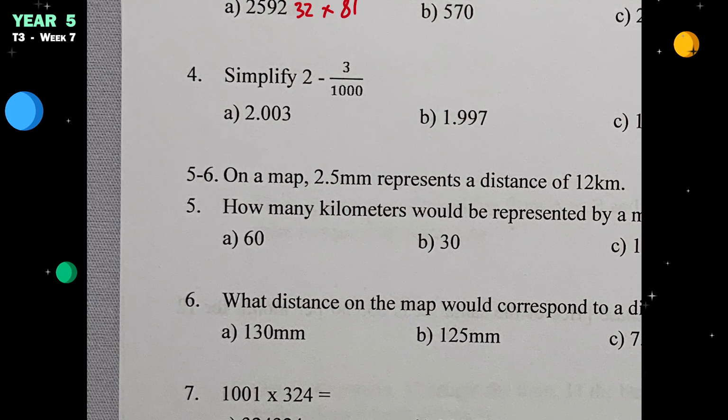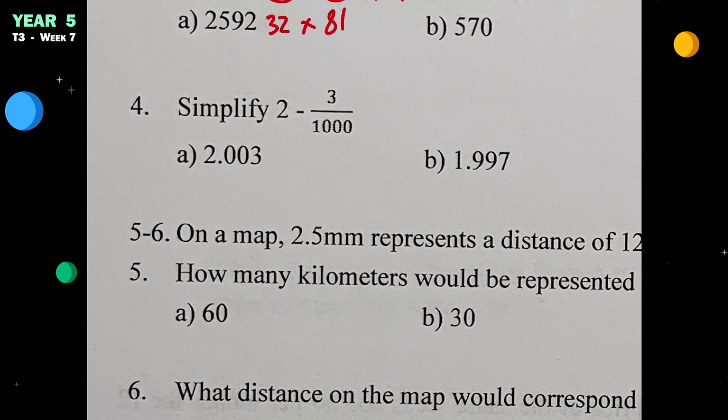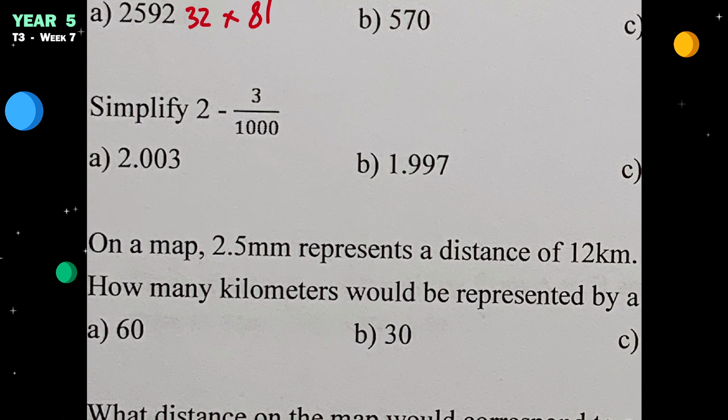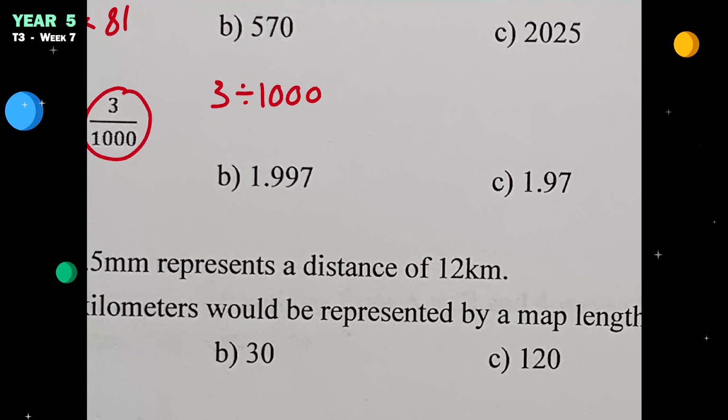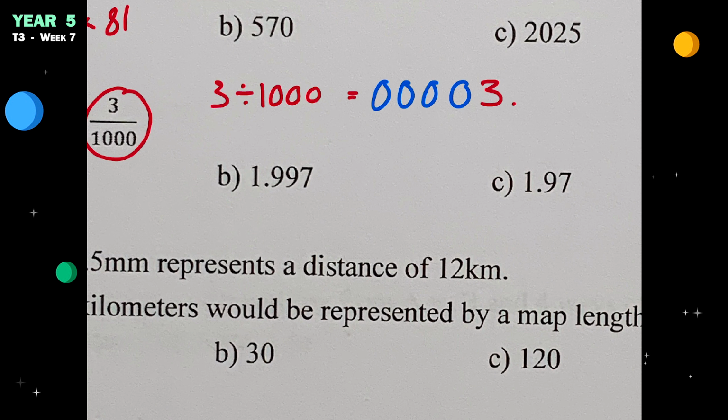Question 4. It says 2 minus this number here. Now this number, it's 3 over 1,000, which means 3 divided by 1,000, right? So what's 3 divided by 1,000? Well, here's the number 3, decimal place is right there. Because we're dividing it by 1,000, we're going to move the decimal place to the left. How many times? 1,000 has 3 zeros, so we move to the left 3 times. 1, 2, 3.